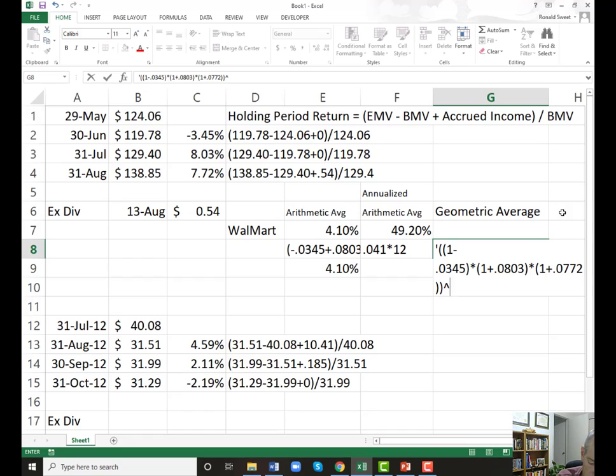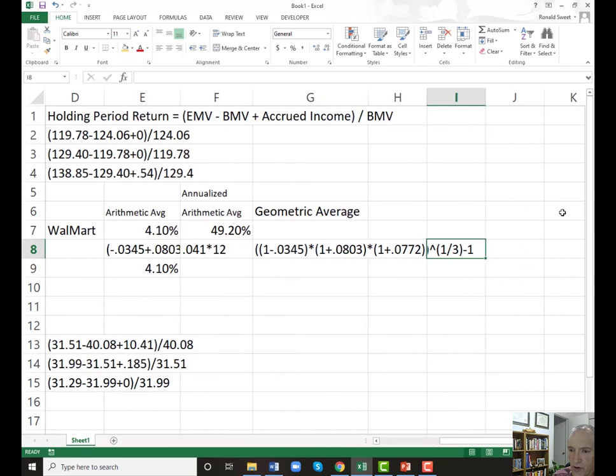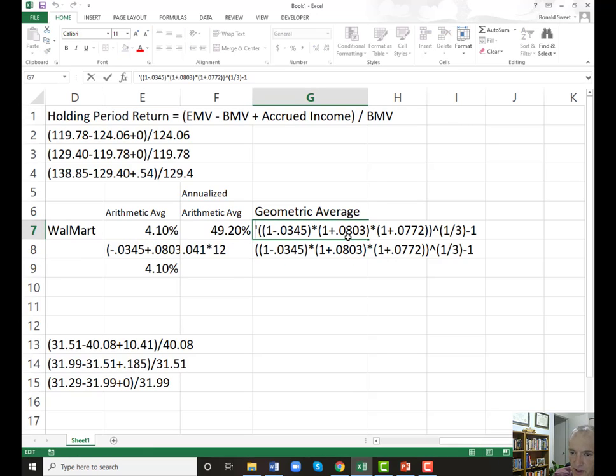Then you're going to raise that to 1 divided by n. Well, what is n? We have 3 periods of time. So you raise it to the 1/3 power, and then you subtract 1. You can go back and look at that formula. This is a very, very important formula. If you've never used this formula before in your college career, boy, you really need to start using it.